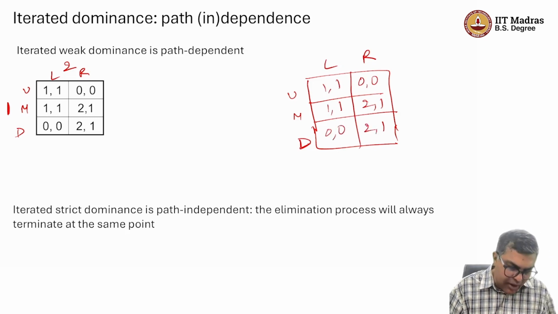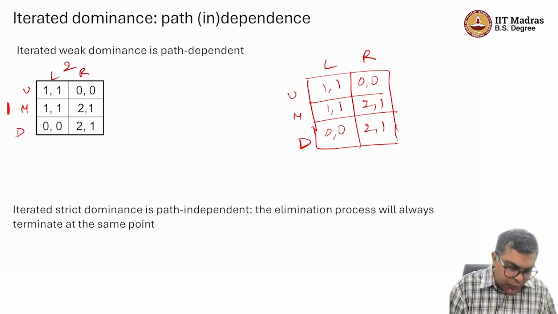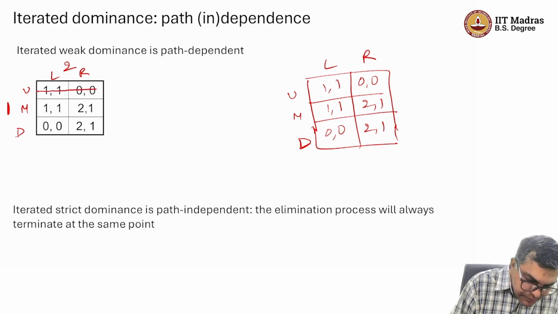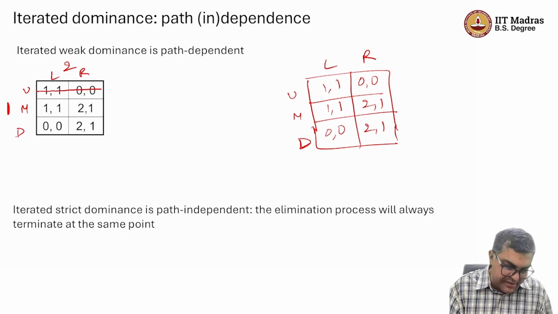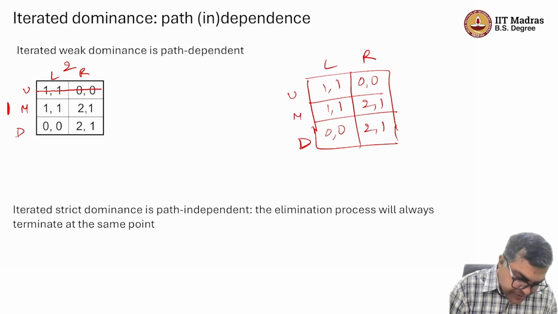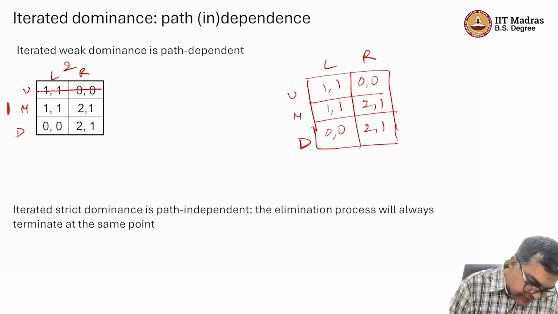So now what we see here, we see that M weakly dominates U. So we can remove U. We have a reduced game in which player 1 has only M and D and player 2 has L and R. What we can do here now, we see that R weakly dominates L. So we can remove this.